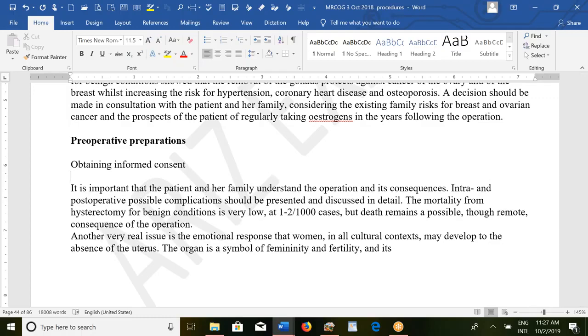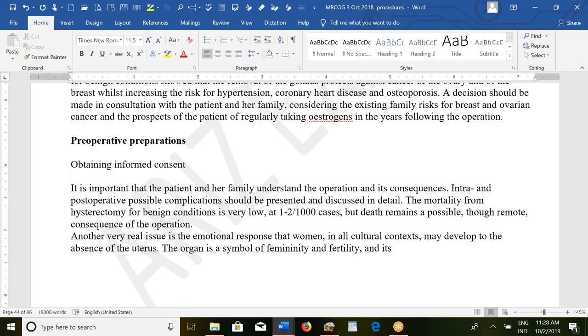Whenever they ask you about surgery, you should divide it into different parts. Don't give them the headings, just say that first of all I will counsel the patient about the procedure, then I will make some pre-operative preparations, like obtaining a valid, informed consent.